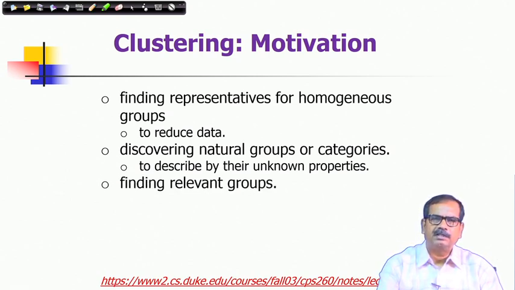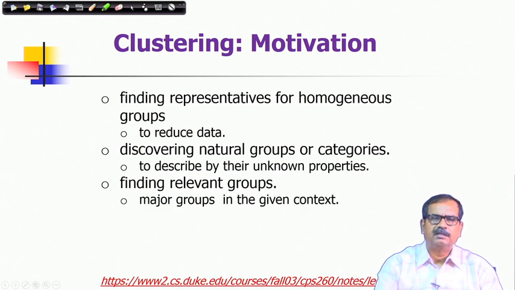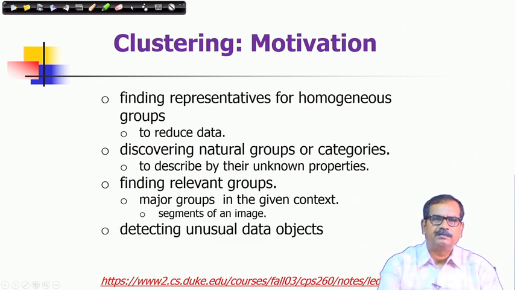Segmentation is one such example where we draw our attention to relevant groups in the distributions or in the images. It is the major groups in the given context that we would like to identify, like segments of an image. Then detecting unusual data objects, which are outliers in the data, can also be done using clustering techniques.